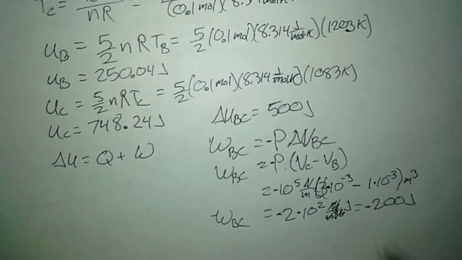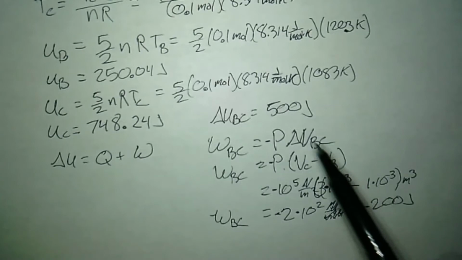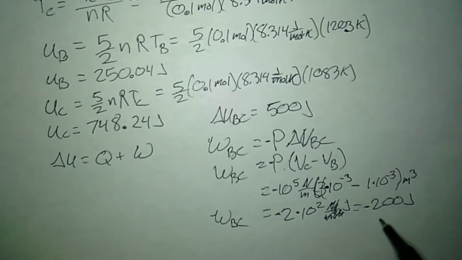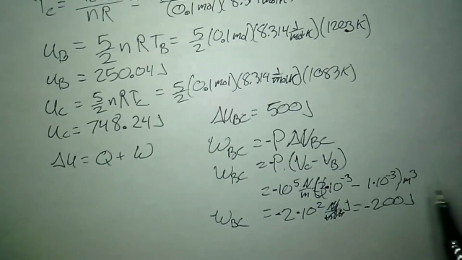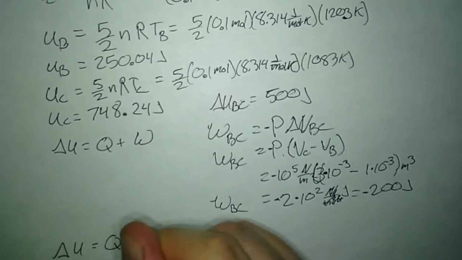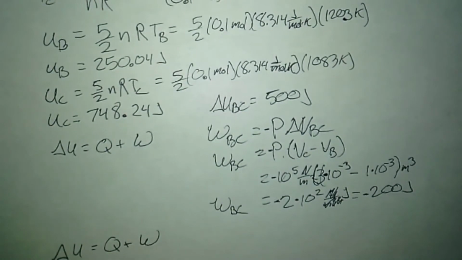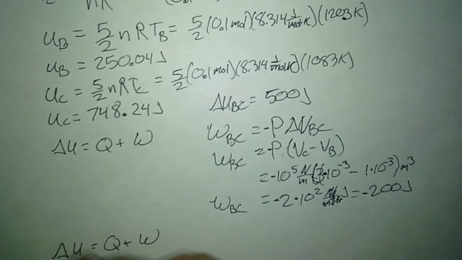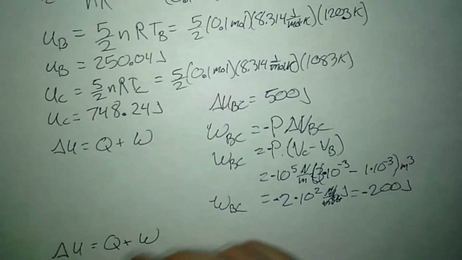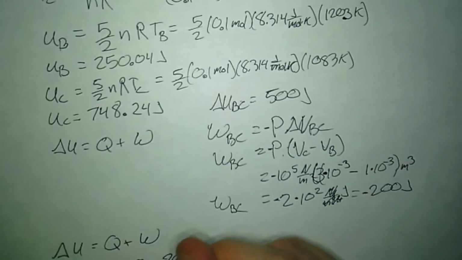Okay, so that means that if my internal energy has increased by 500 joules, but the gas has done 200 joules of work and lost that much energy, how much heat have I gained? Well, it's quite simple. So this has gone up 500 joules, and this is going to be Q minus 200 joules.